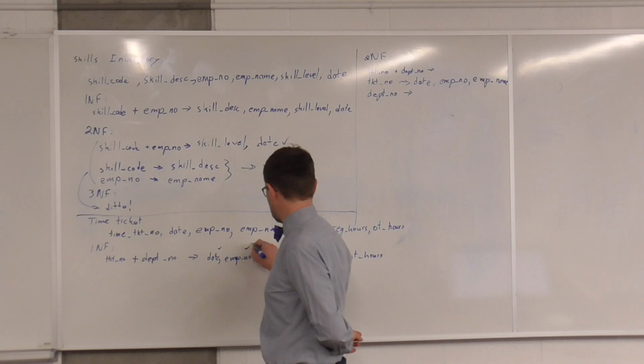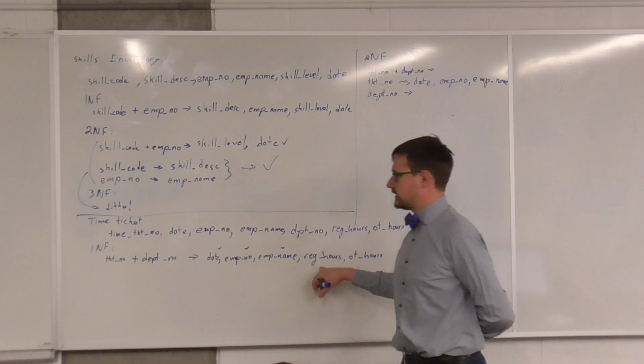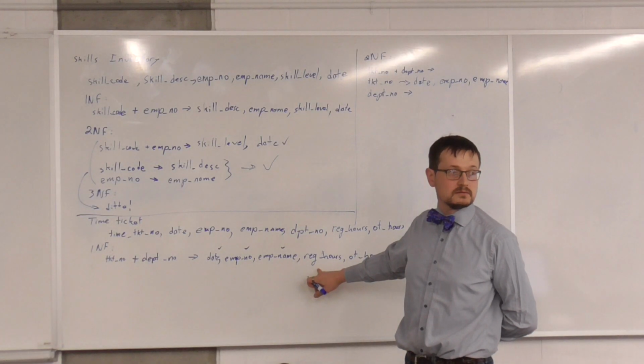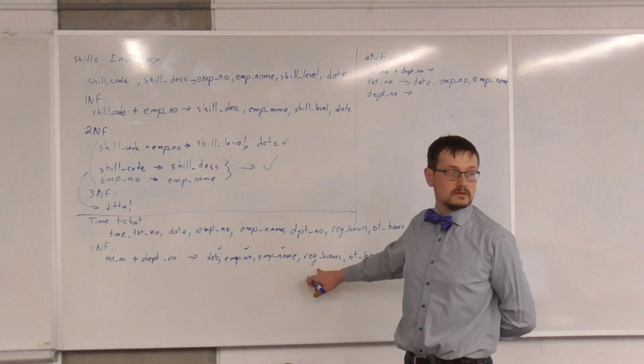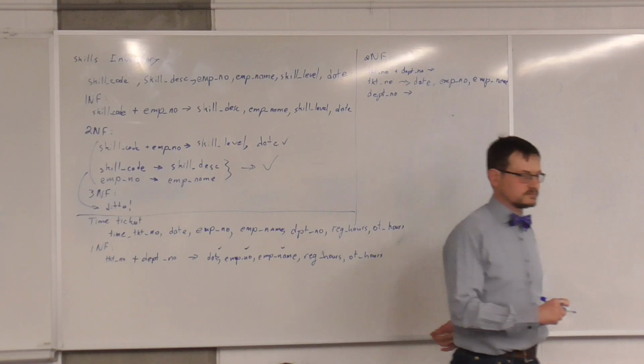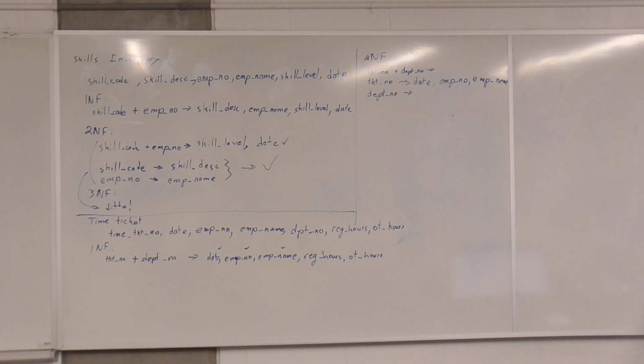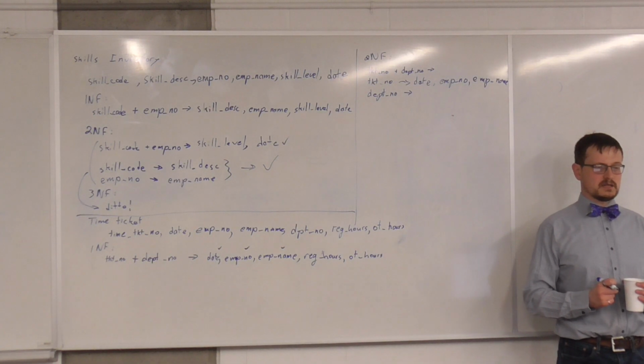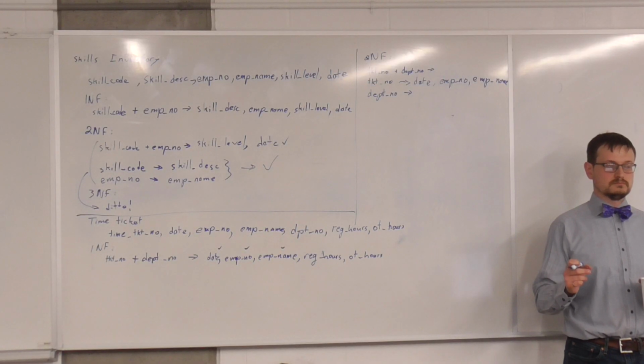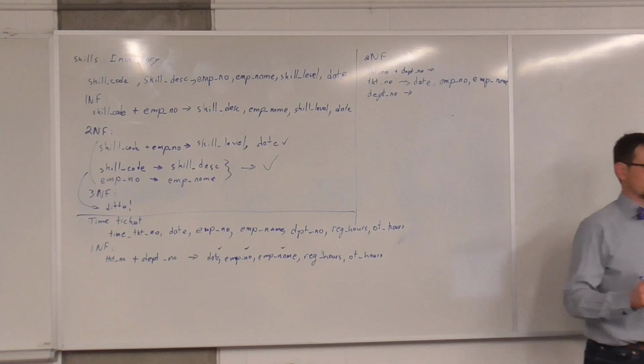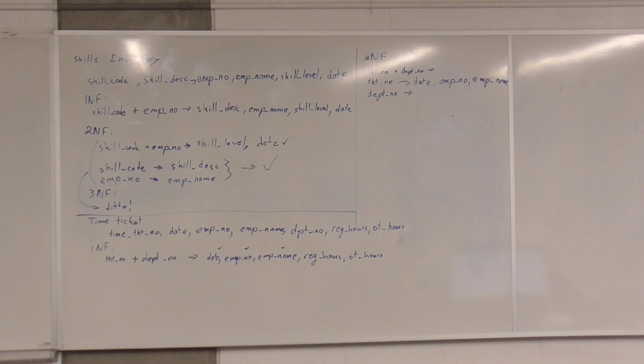So we've done that one, done that one. How about regular hours? What's that dependent on? Because you said that there's implicit grouping being done, there's only one department number being put on there, then regular hours is dependent on department number. It's dependent on department number, yes. Is it also dependent on ticket number though? Yes, it would be, because on a different ticket, we might have this as a 3, right?